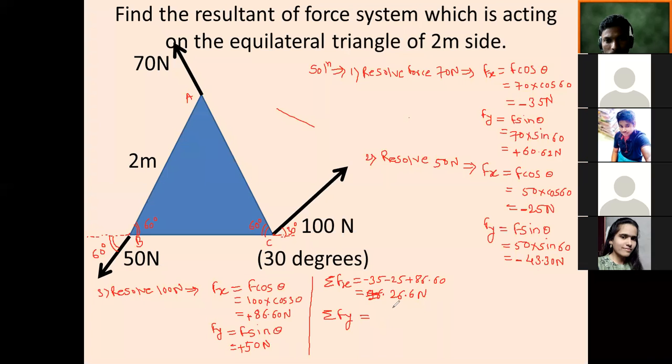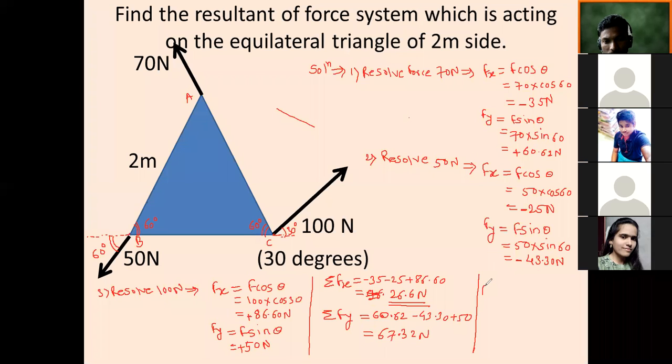The first component is 60.62, then minus 43.30, then plus 50. Calculate summation Fy. 67.32 Newton.